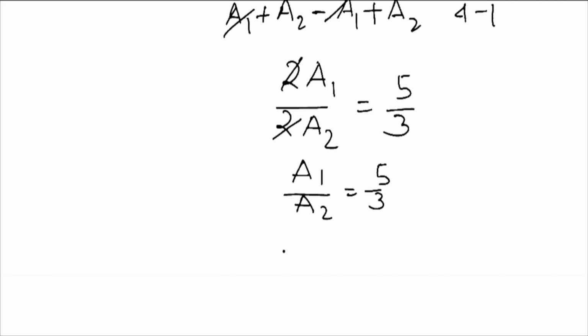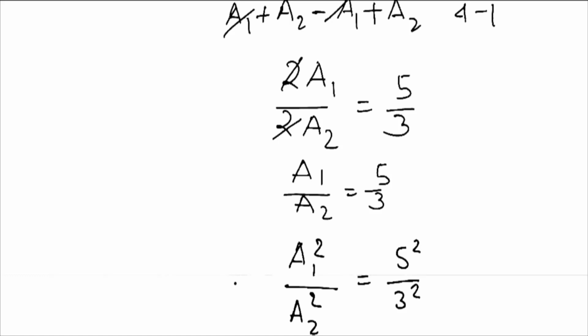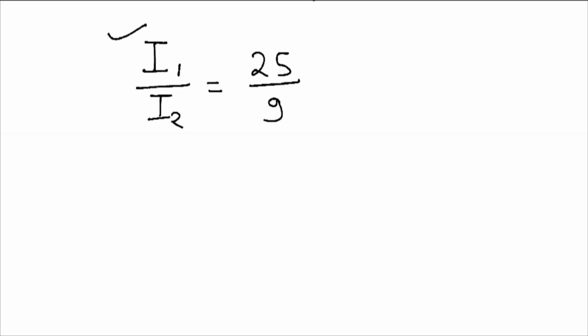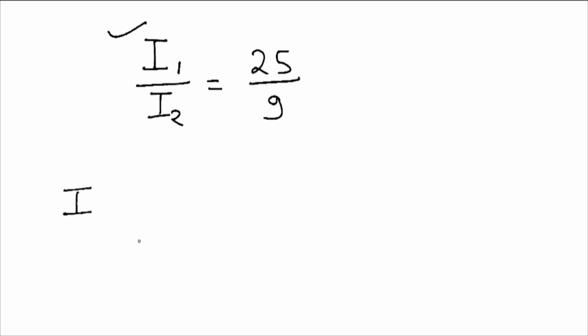So we can write A1 square by A2 square equal to 5 square by 3 square, and this is equal to intensity 1 by intensity 2. So I1 divided by I2 equals 5 square, that is 25, over 3 square, that is 9. So the ratio of I1 by I2 is 25 by 9.